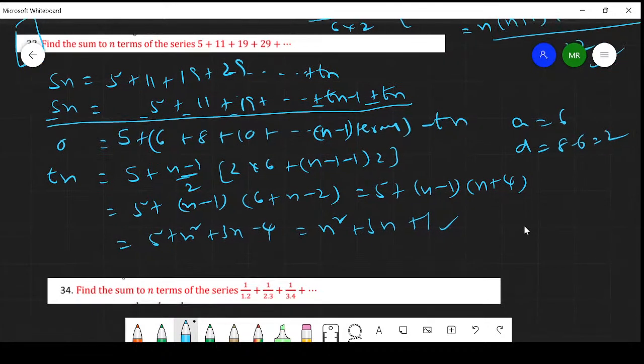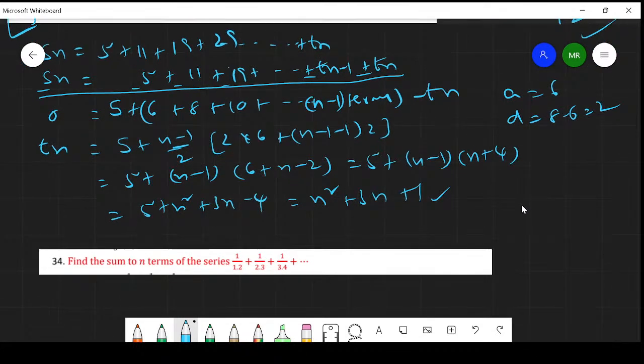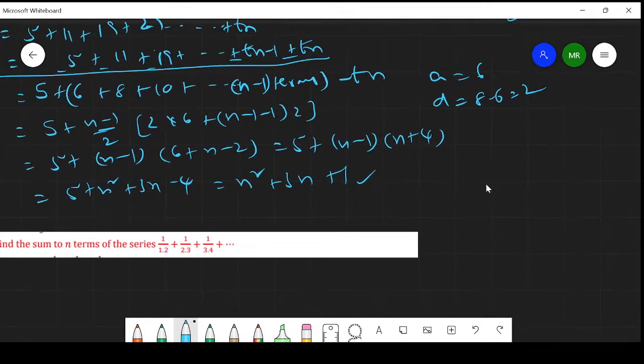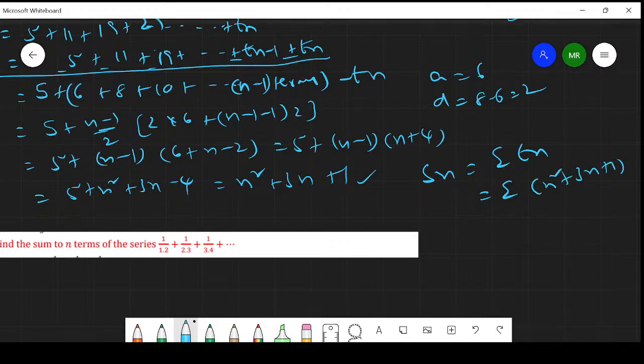I got the nth term of the series, but they are asking the sum of n terms. To find the sum of n terms, Sn is equal to sigma Tn, which means sigma of n square plus 3n plus 1. That is sigma n square plus 3 into sigma n plus sigma 1.